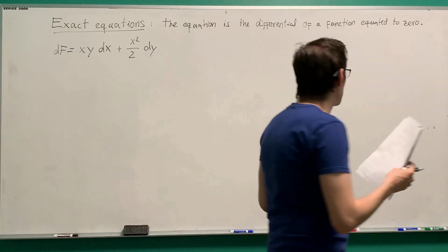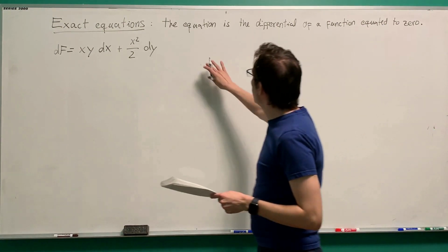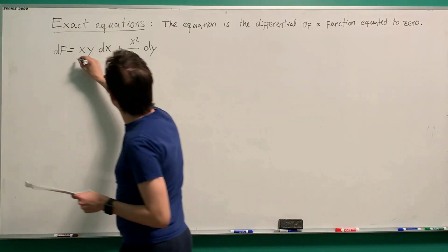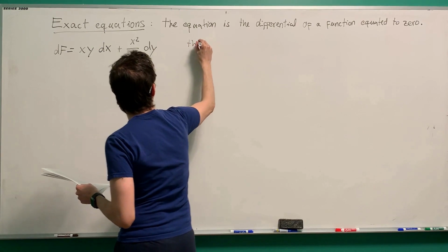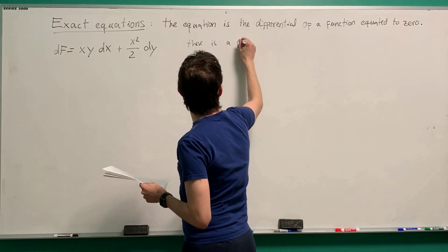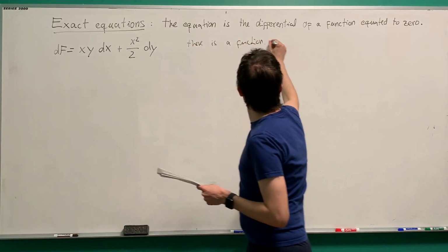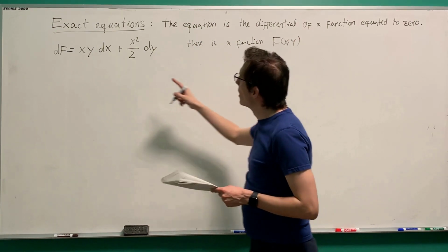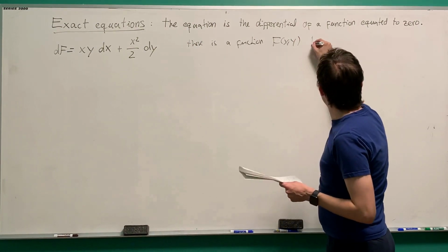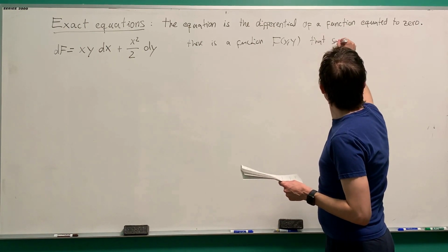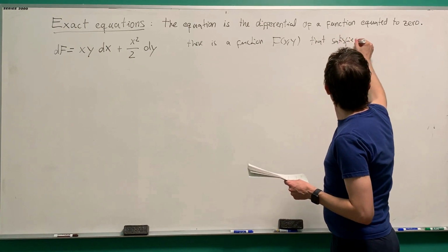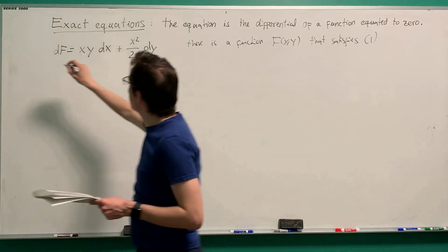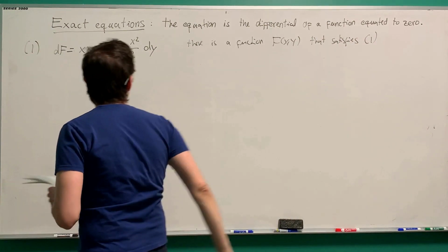Now the next question is, well, we already know there is a function f of xy that satisfies that. So now that it satisfies equation 1, and this is my equation 1.